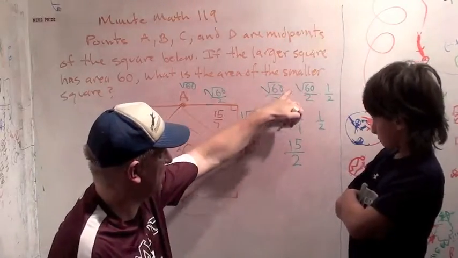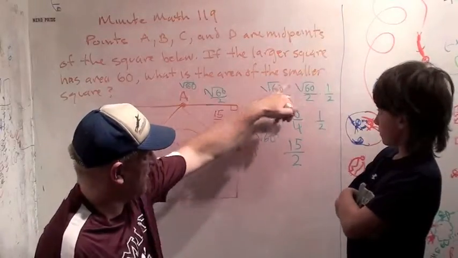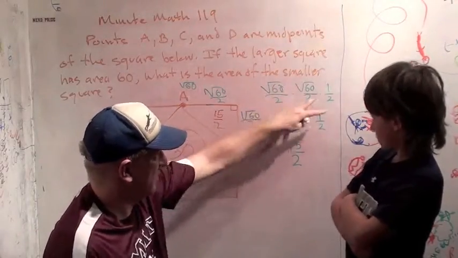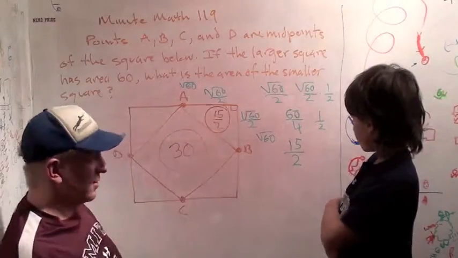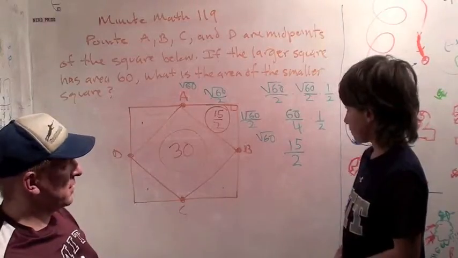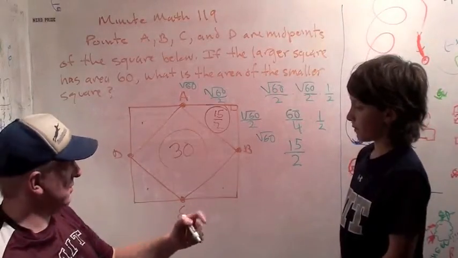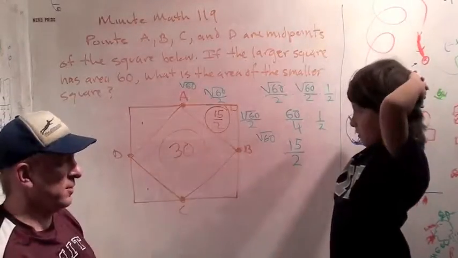Square root of 60 over 2 times square root of 60 over 2 times 1/2, which is 60 over 4, multiply the top, multiply the bottom, times 1/2, or 15 halves. So one of these triangles is 15 halves. There's 4 of them. So 15 halves times 4 is 30, and then we subtract those areas away from 60, and we're left with 30.